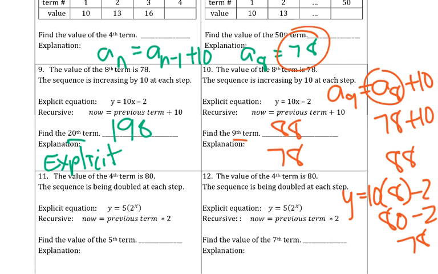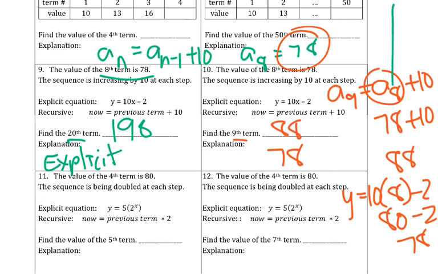Okay. Well, I think I figured out what our problem was. Our starting number was actually not the first term. Okay. So the problem here is that the 8th term is 78, okay?